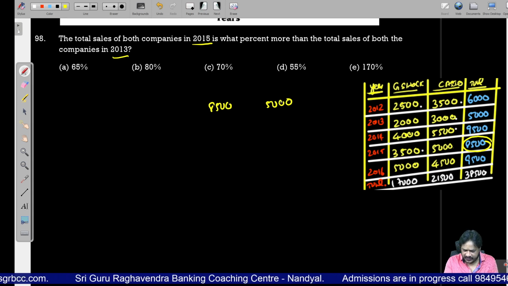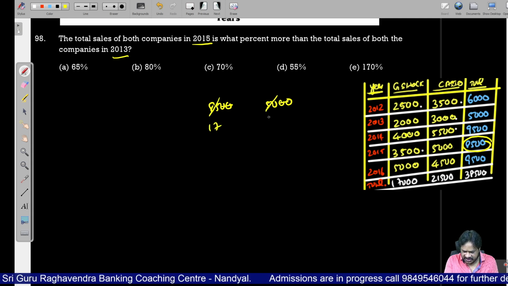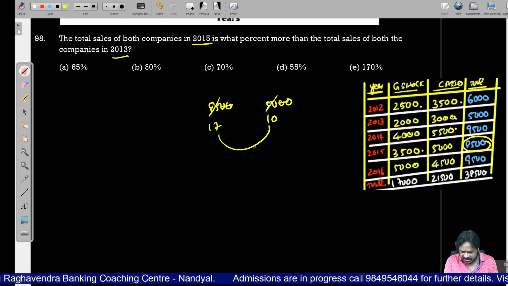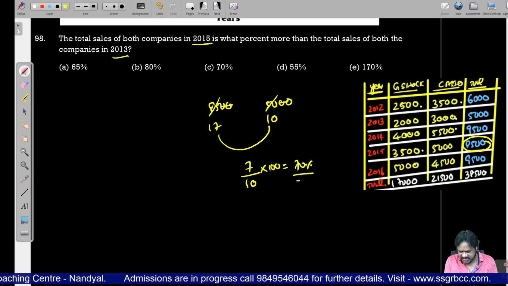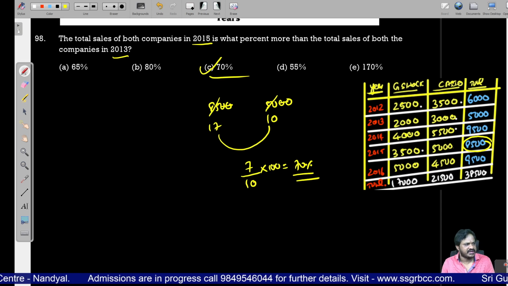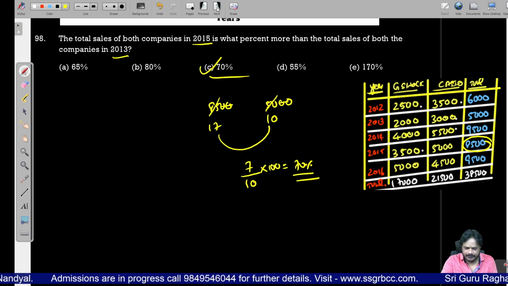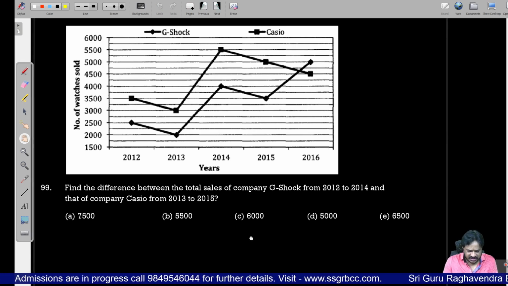Now you make answer two zeros. 5 17s, 5 10s. 17 is how much more than 10? 7. From where it is more? 10. What percentage? So the answer is 70%. Option 3. Next question, 99.